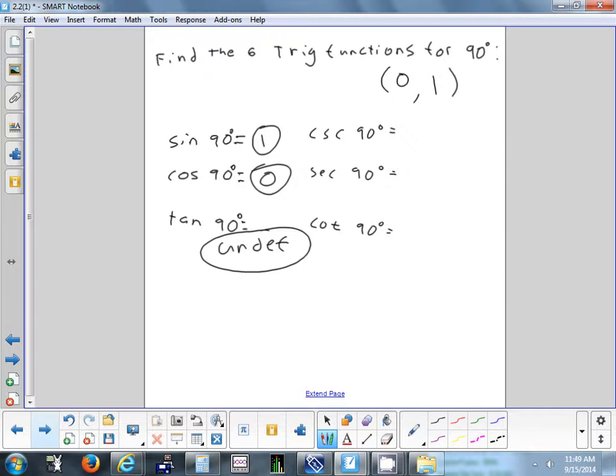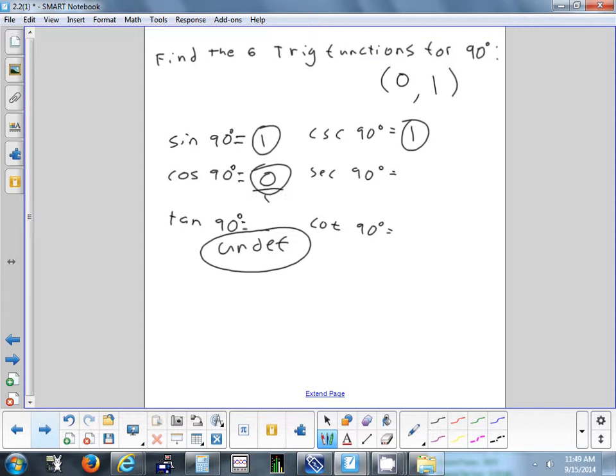Okay, how about Josh, what's my cosecant? 1. You flip 1, you get 1. Stays the same. How about the secant? What's the secant of 90? Oh, it can't be 0, because when you flip 0, you don't get 0. This is 0 over 1 on the left.